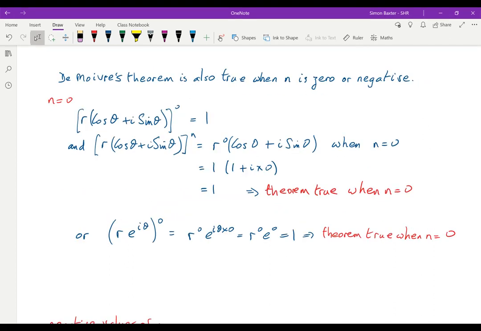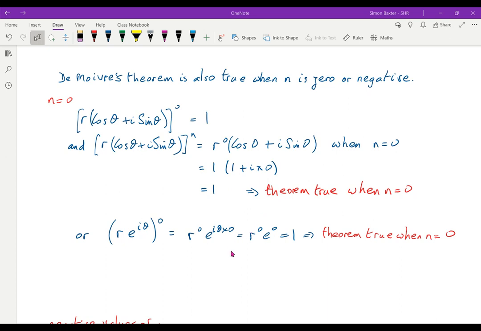The theorem is also true when n is 0 or negative. For n is 0, it's nice and easy. Anything to the power 0 is 1. If I put 0 in for n here, I get r to the power 0, which is 1, cos 0, which is 1, plus i sine 0, which is 0, I get 1. So the theorem is true when n is 0.